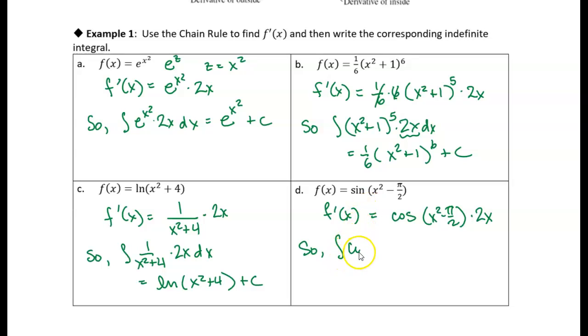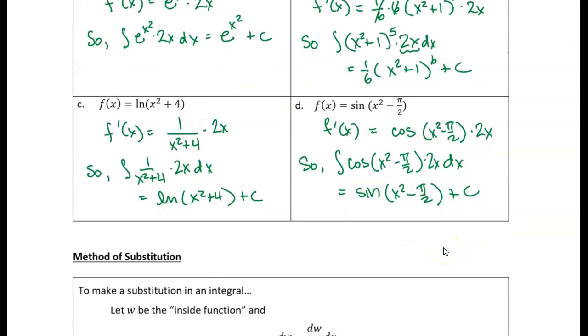So the integral of cosine of x squared minus pi over 2 times 2x dx is equal to sine of x squared minus pi over 2 plus c. So all we were doing there was using the chain rule to find the derivative. And then the corresponding indefinite integral, if we're looking for the antiderivative of the derivative, we should get the function we had back.